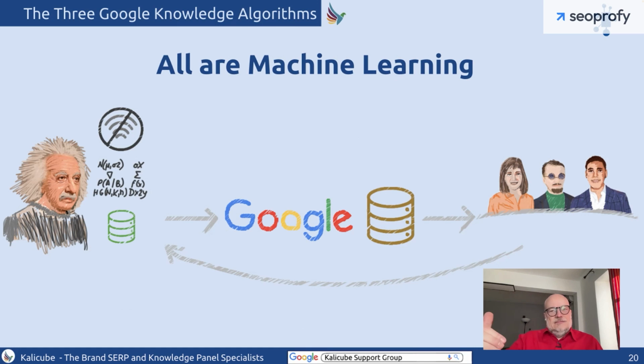Then they push that machine learning algorithm when they think it's good enough into the wild in Google, which gathers loads and loads of data. That brown barrel thing is supposed to be huge amounts of data from Google search. They then feed that into human judges.